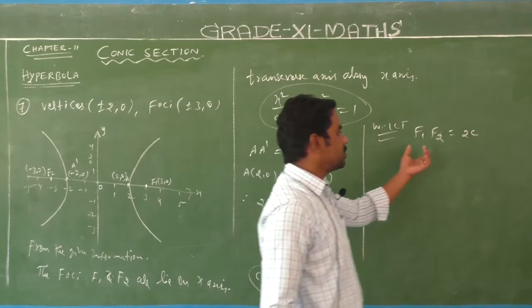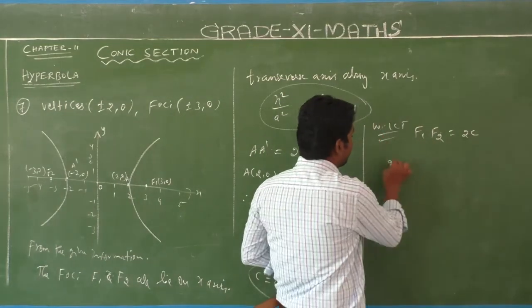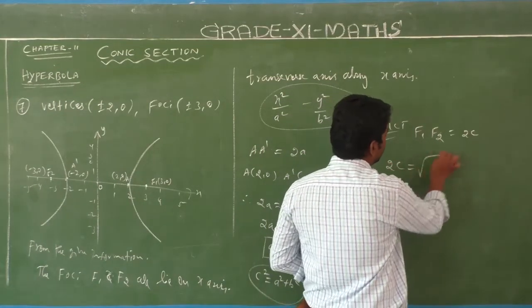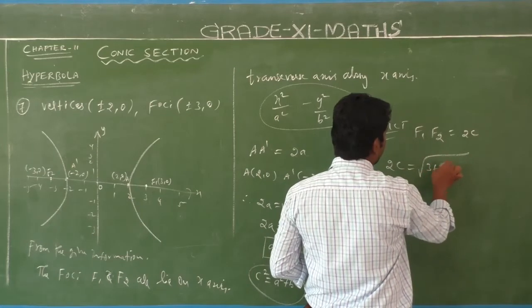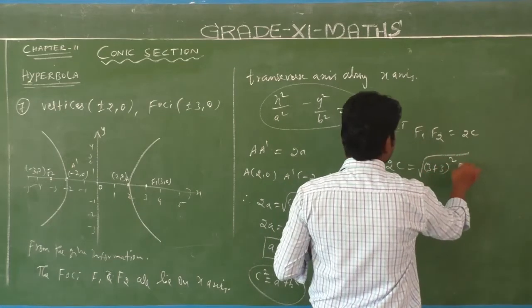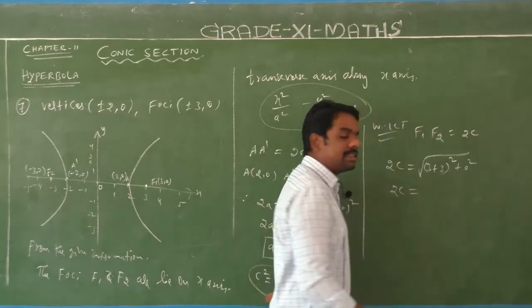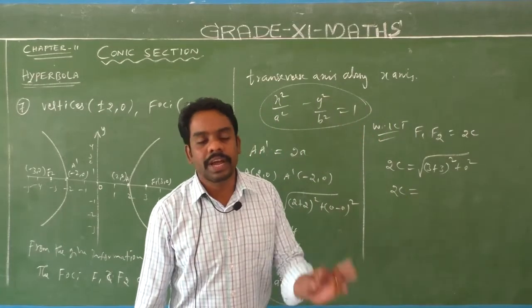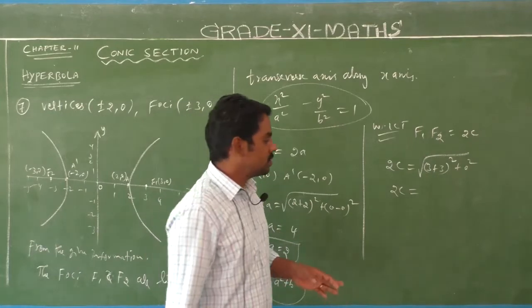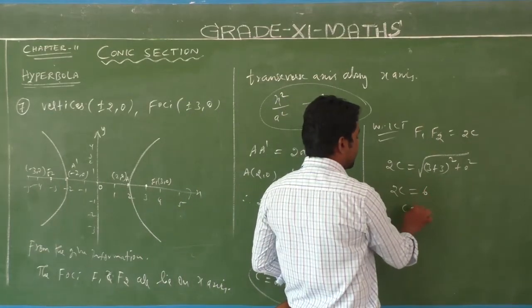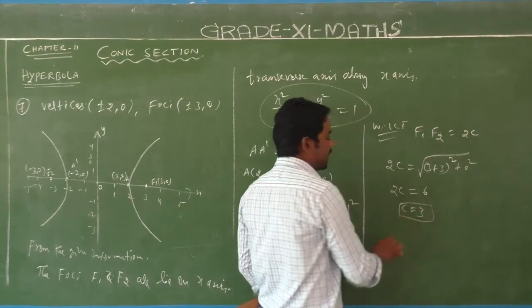Find the c value. So 2c equals the distance between F1 and F2, root of (3 minus of minus 3) squared plus (0 minus 0) squared, which is 6 squared under the root, so 6. So 2c is equal to 6, c equal to 3.